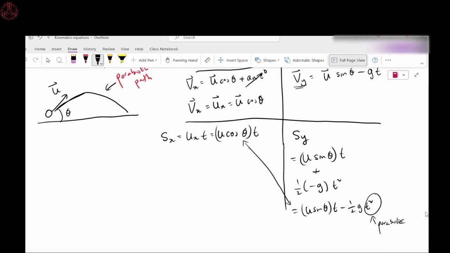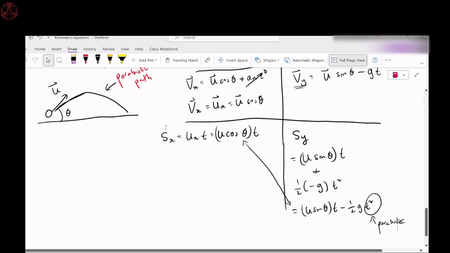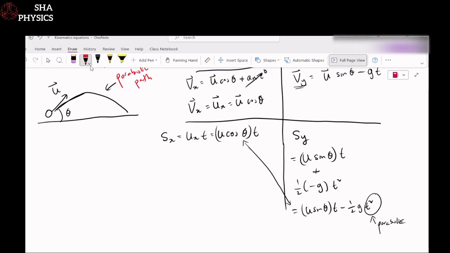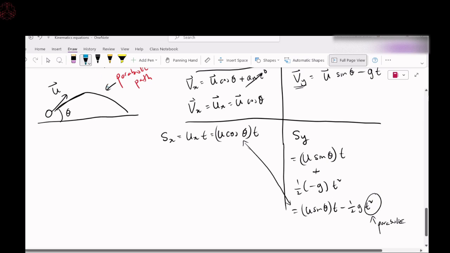Quadratic. Projectile motion is a classic example of a two-dimensional kinematic case. We'll do several problems in class, or I'll probably make a video on this. Now I do want to add that you can have special situations.